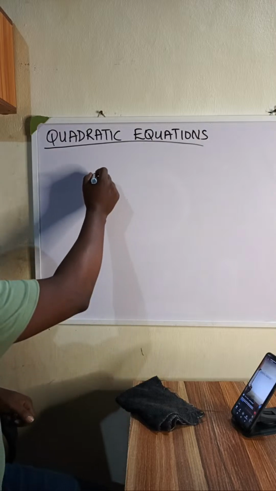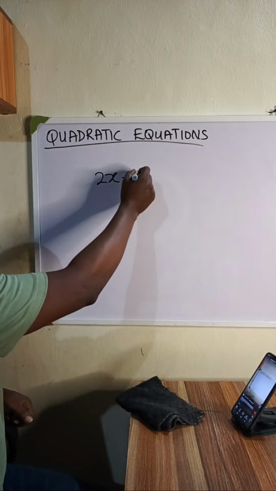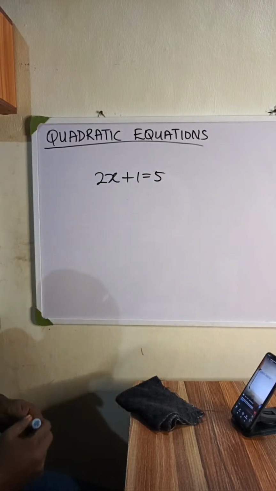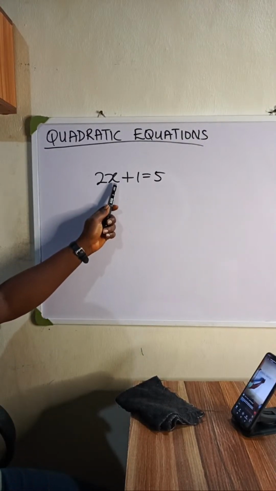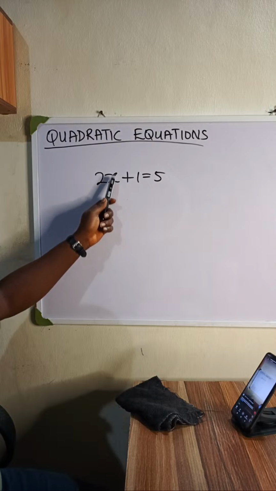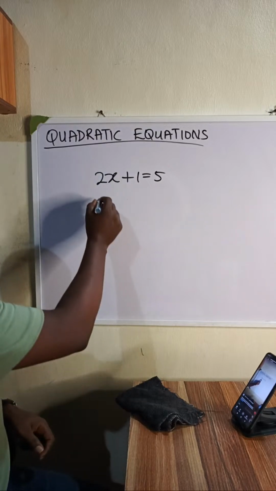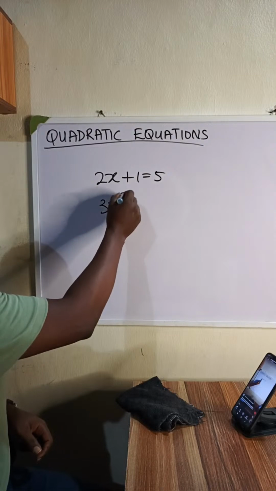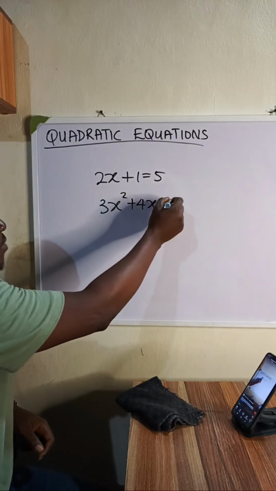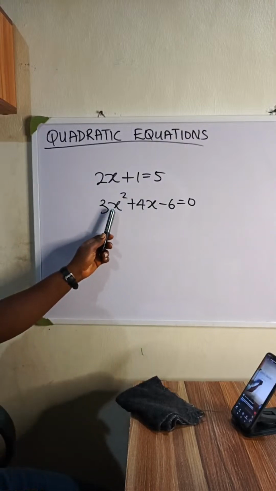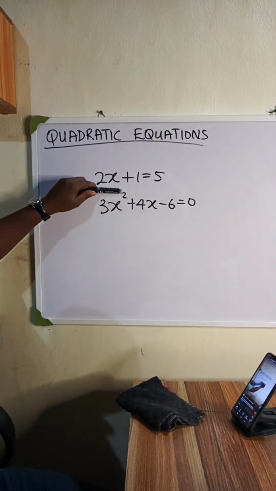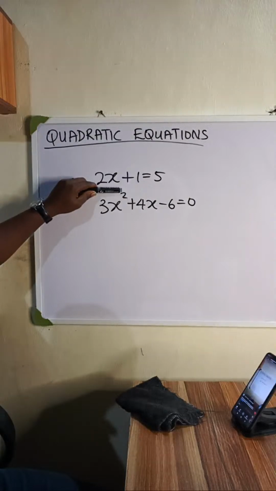This means if we have 2x plus 1 is equal to 5, this is not a quadratic equation because the maximum power of x is 1. If we have 3x squared plus 4x minus 6 is equal to 0, this is a quadratic equation because the highest exponent of x is 2.